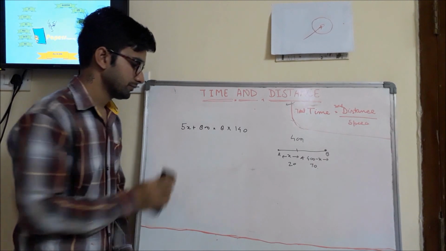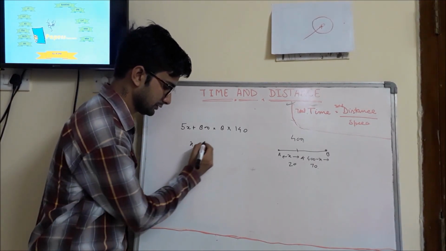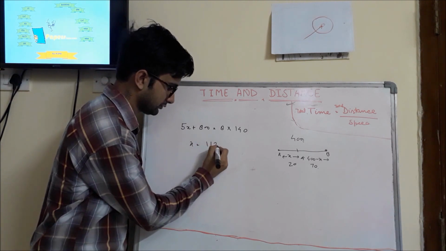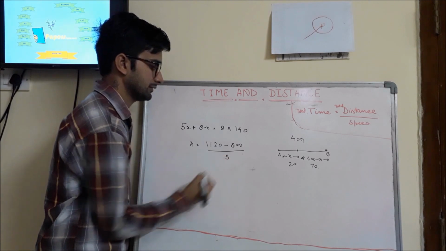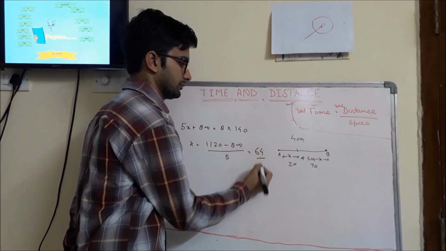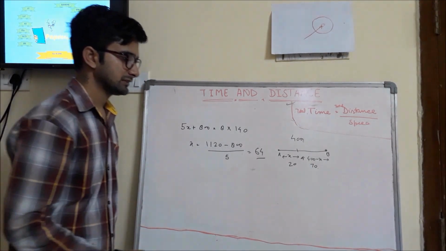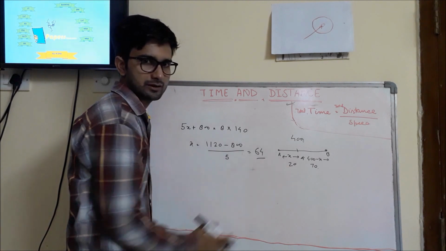After solving this, we will get x is equal to 1120 minus 800 divided by 5. So it comes to 64. It means 64 kilometers he traveled at 20 kilometer per hour.